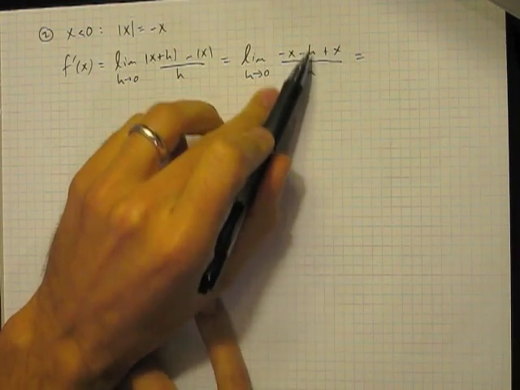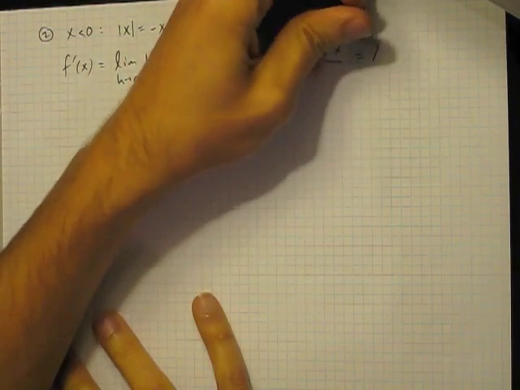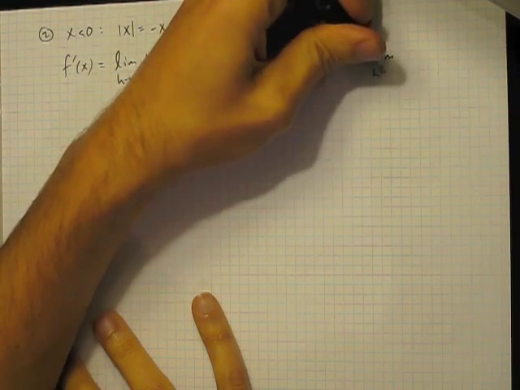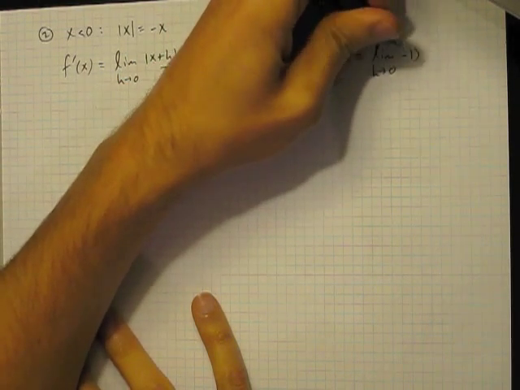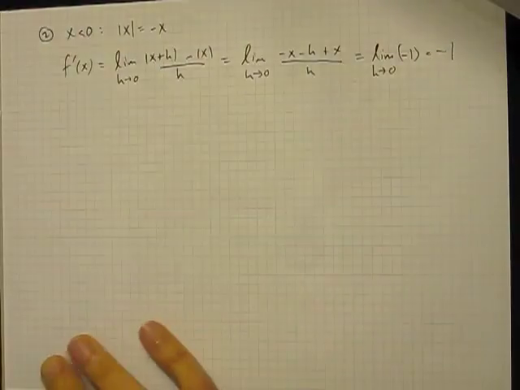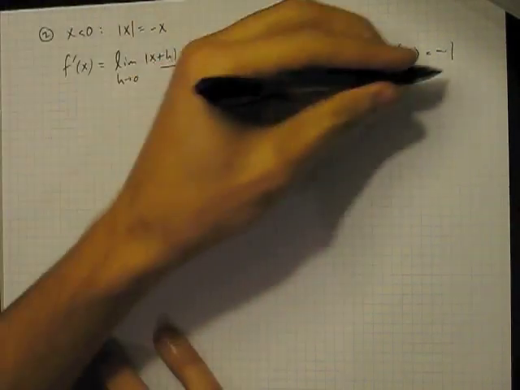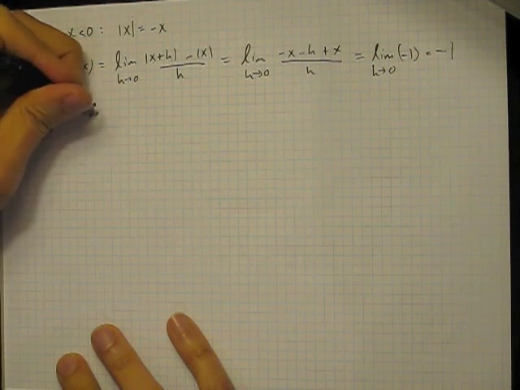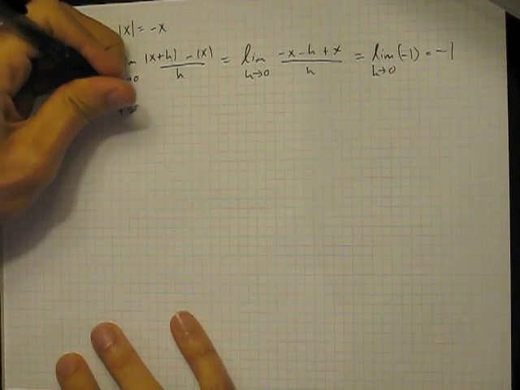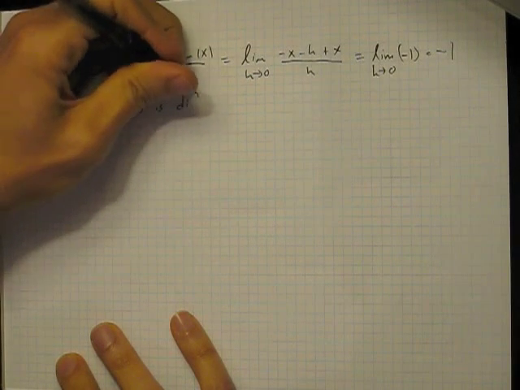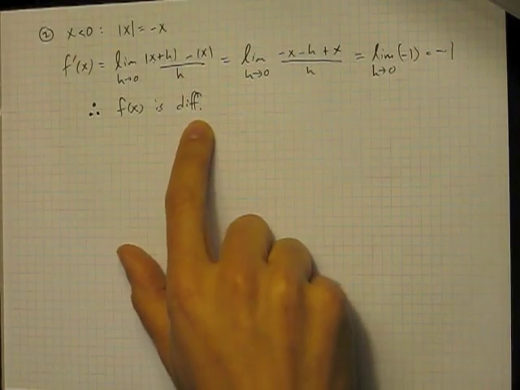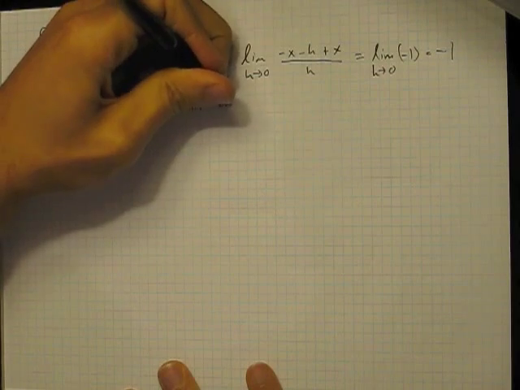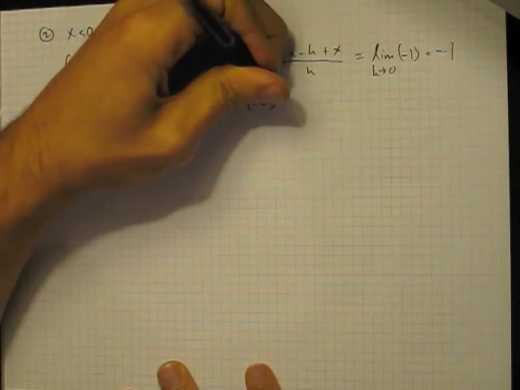H and minus h here will give us a minus 1. So this will be the limit as h goes to 0 of minus 1, which is just minus 1. So that's a number, so it's well defined, and therefore f of x is differentiable. I just write diff for differentiable on minus infinity to 0.